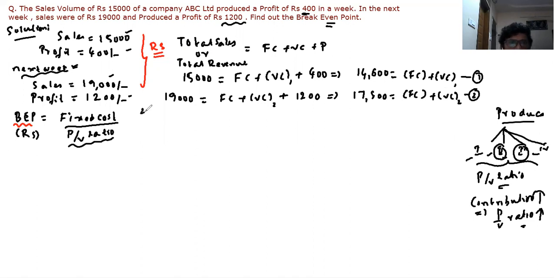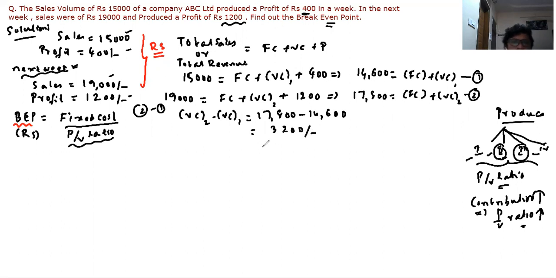If we subtract the first equation from the second equation, we get the increase in variable cost as 17,800 minus 14,600, which comes to 3,200 rupees, right?